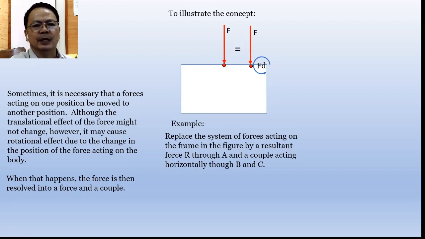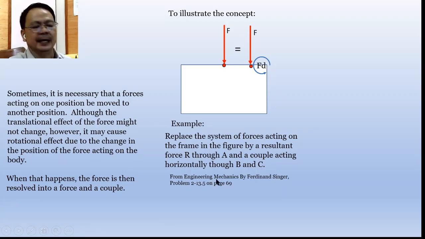This example is taken from the book of Ferdinand Singer, Engineering Mechanics, on page 69. The problem is 2-13.5, and it states: replace the system of forces acting on the frame in the figure by a resultant force R through A and a couple acting horizontally through B and C. The illustration is shown in this manner.